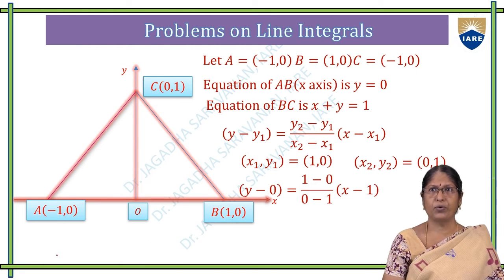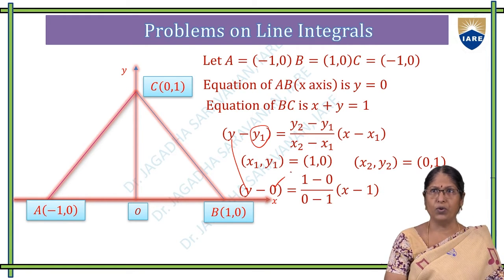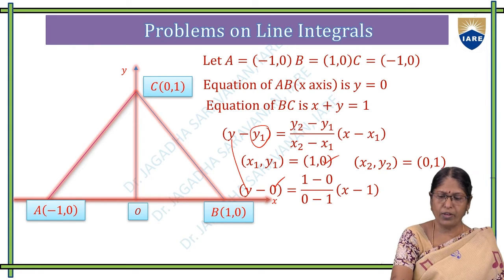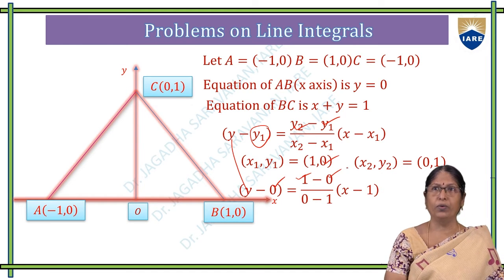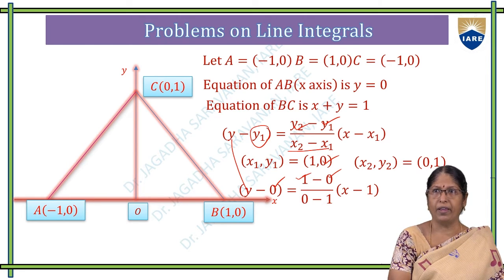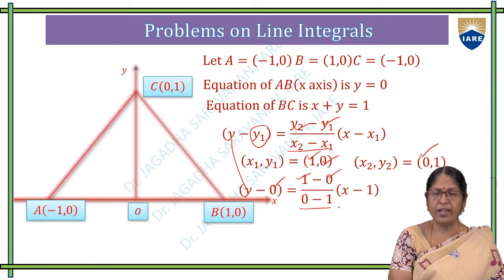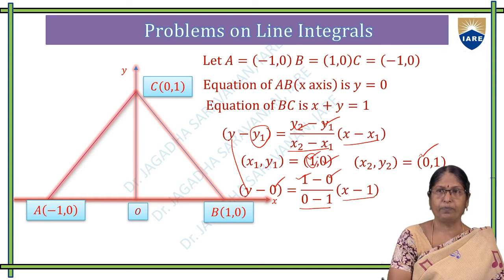So we are going to substitute these values in the above formula. We did the substitution: y1 is replaced by 0 because our y1 is 0, and y2 minus y1 is replaced by 1 minus 0. x2 minus x1 is replaced by 0 minus 1, and x minus x1, where our x1 is 1.